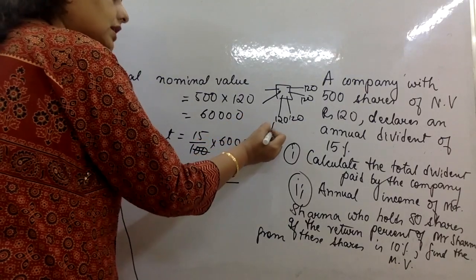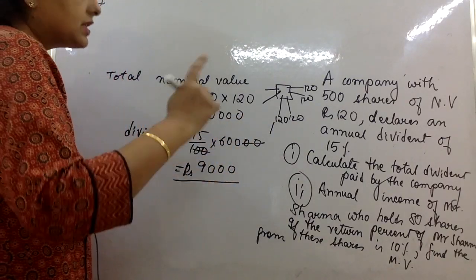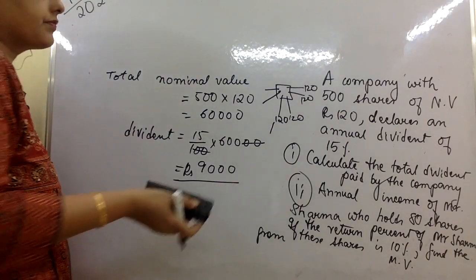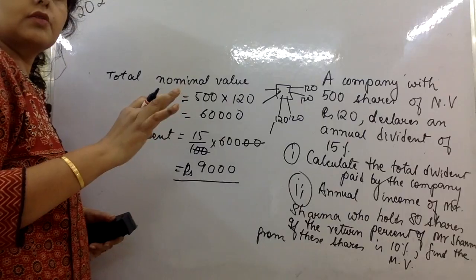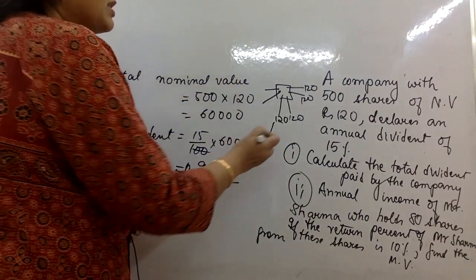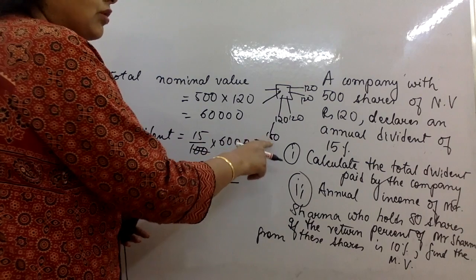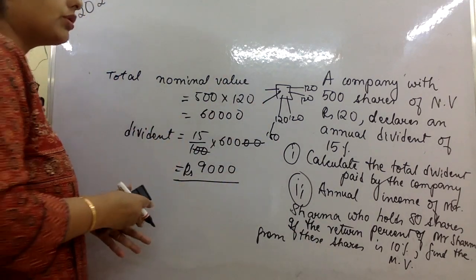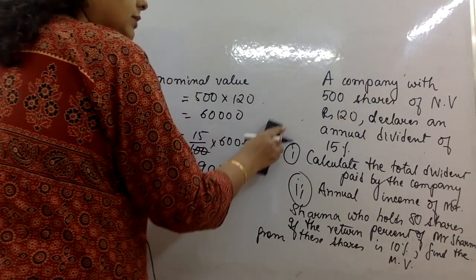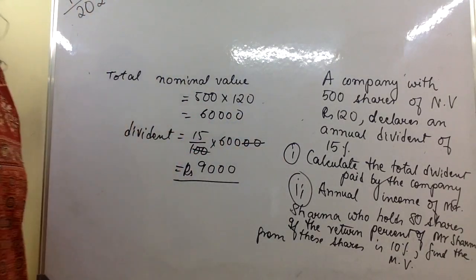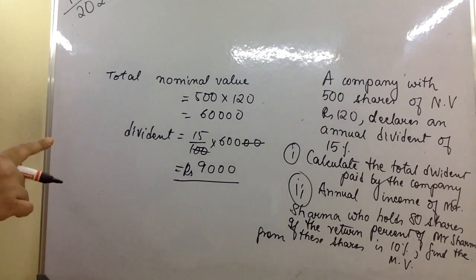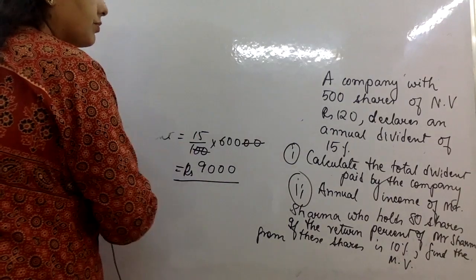They will sell it further to people, but this time not at 120 anymore. They may sell it at 150, 180 or 200, as the market says. If the market is very good, they will be able to sell at a higher price, more than 120. That becomes the market value.